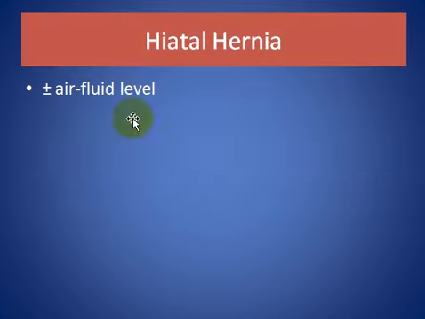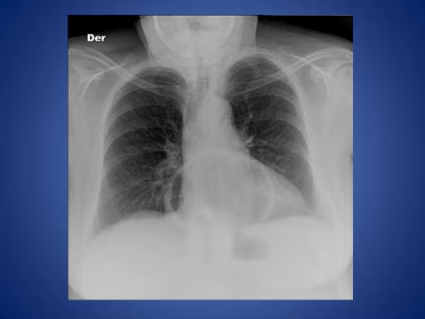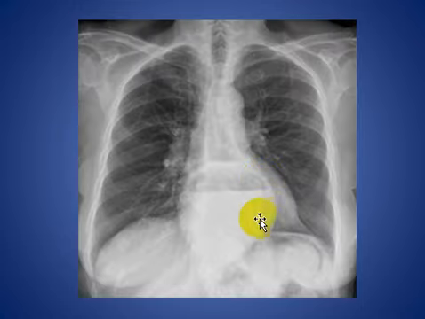And the hiatus hernia may or may not be associated with air fluid level. As we see in this example, large retrocardiac mass containing air due to hiatus hernia. Another patient with large hiatus hernia with contrast with air fluid level in the retrocardiac region.